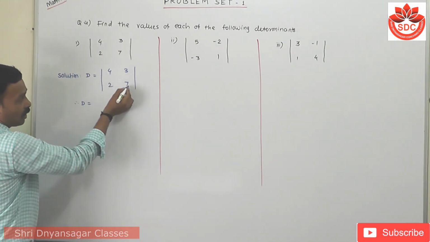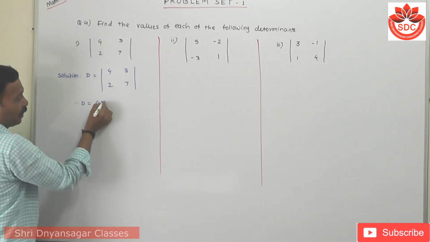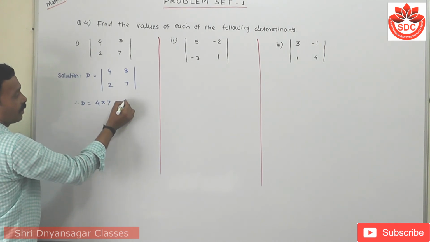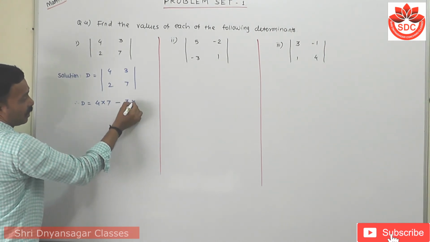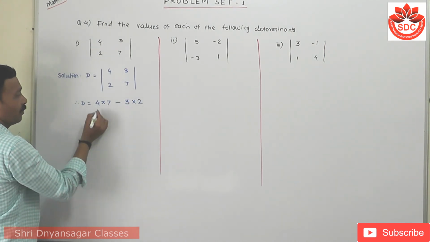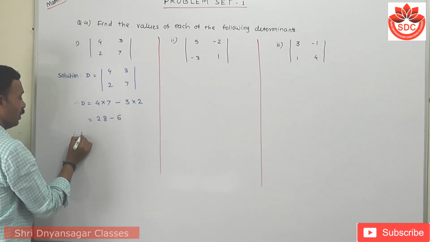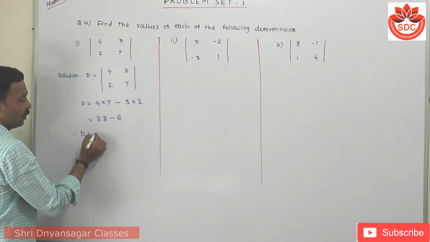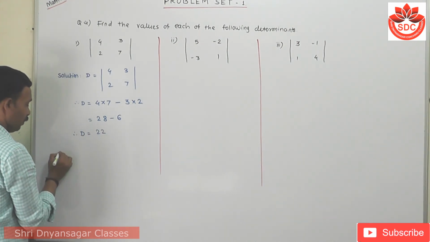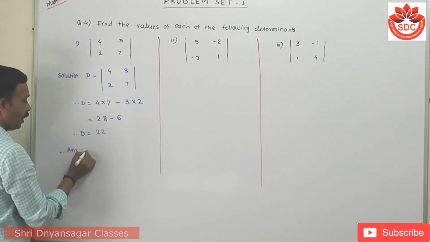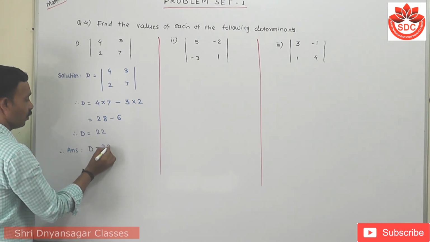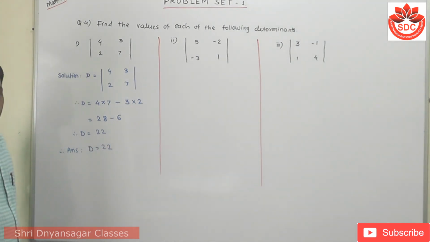First take the cross product of A and D, meaning 4 into 7 minus B into C, 3 into 2, meaning 4 sevens are 28 minus 6. Therefore D is equal to 22. Therefore the answer in a full sentence: the value of the determinant is equal to 22. Can you understand this?